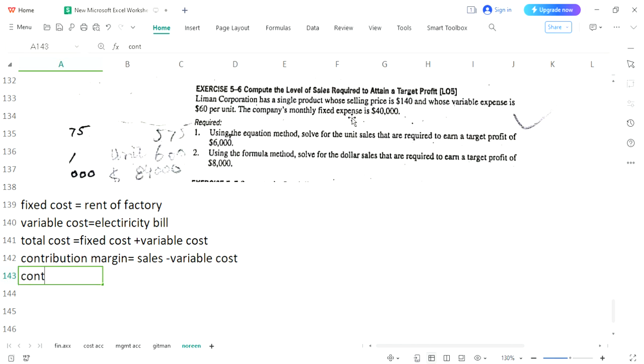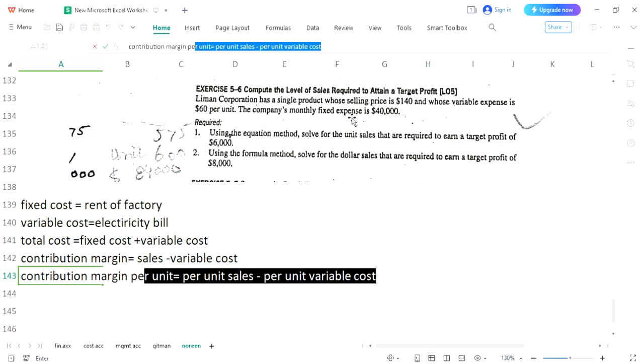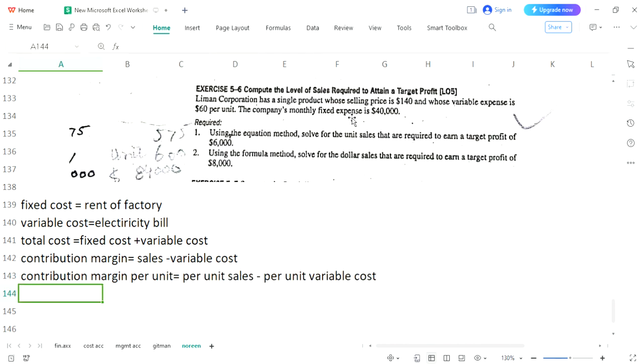Then you have seen contribution margin, but per unit. How did you calculate that? The same formula which we used above, the same formula which you used in the previous line.